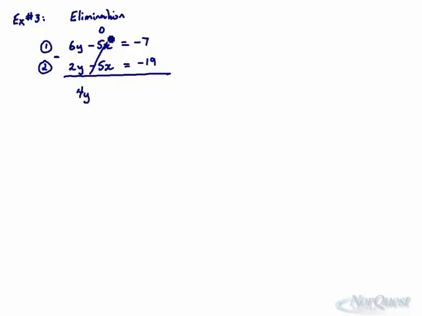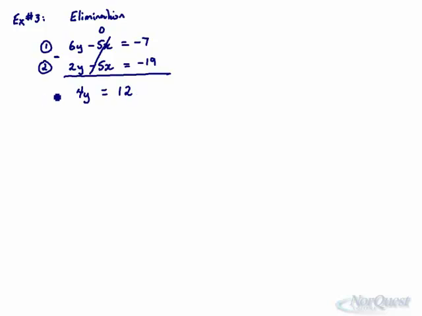That was the goal. On the other side of the equation, I get negative 7 minus 19. So it's negative 7 minus a negative 19 will basically be 19 minus 7. So you should end up with positive 12.